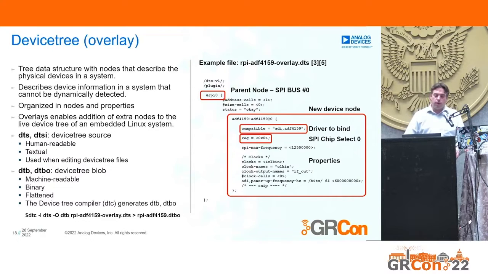And we have a SPI device here, so another important property is the reg property. In this case, it instructs the SPI subsystem to use chip select 0. There can be other properties in here, like spi-max-frequency, SPI modes, polarity, CPHA bits, and so forth.